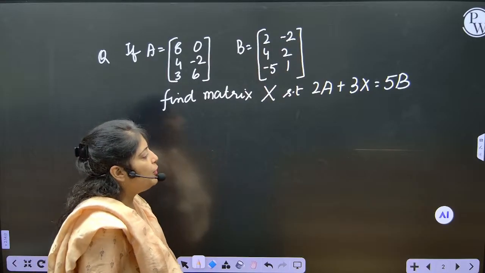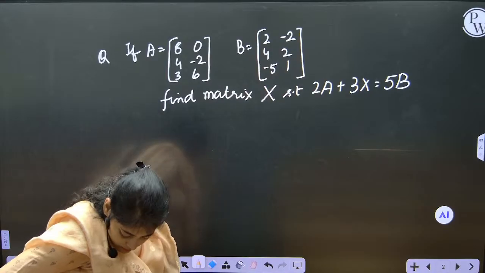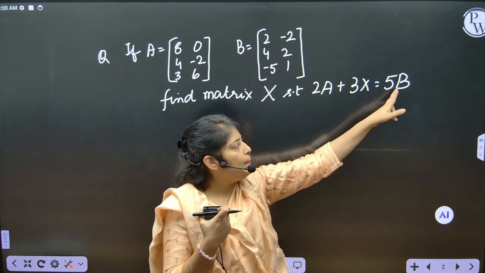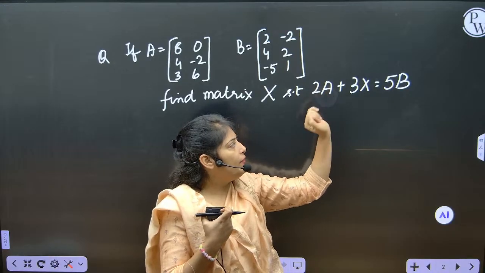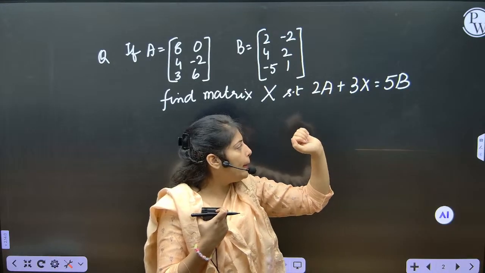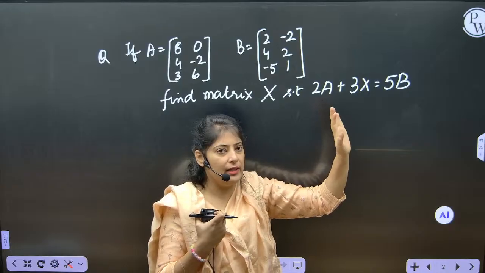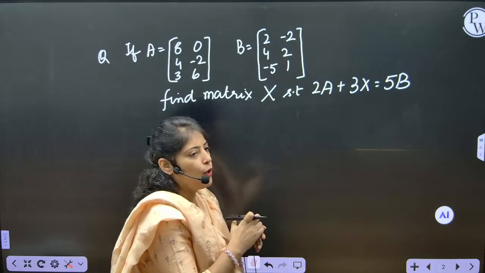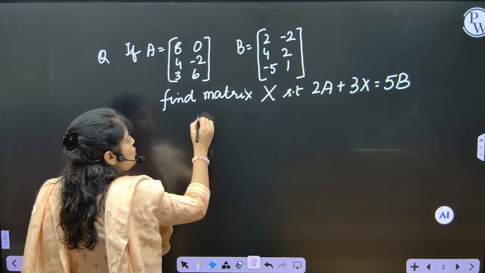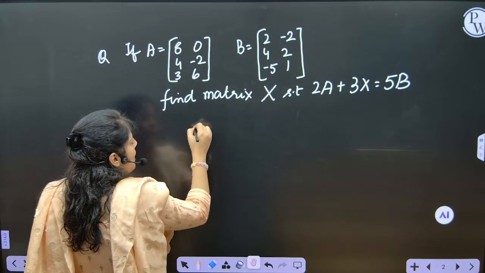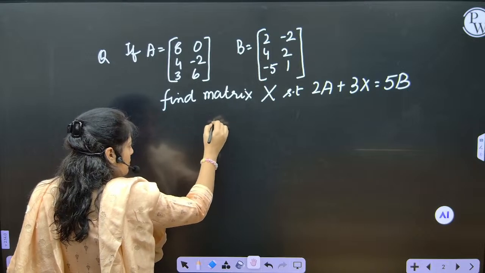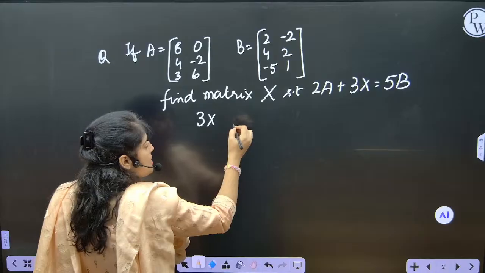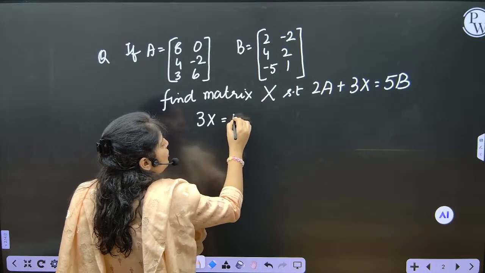Now what we have to do here is, B we already know, A we already know, X we have to find. So X we will keep on the left side, and other things we will take on the right side. So 3X equals 5B.